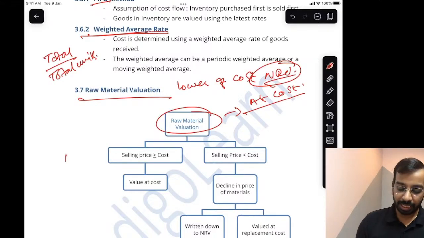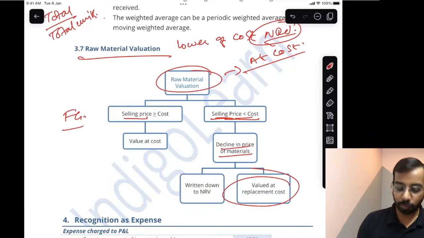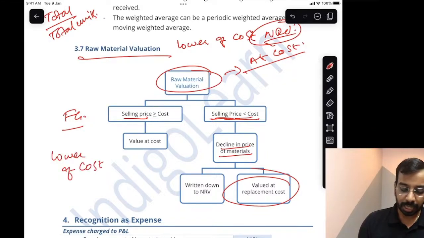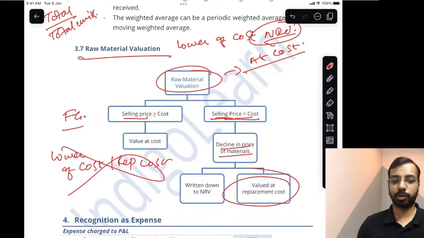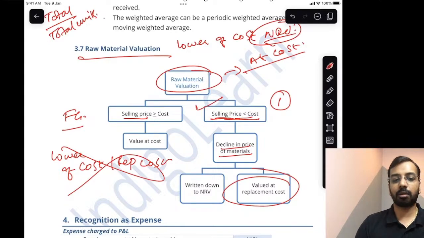But if the finished goods selling price is less than cost and there is a decline in price of material, you will value them at replacement cost. Don't think that this is lower of cost and replacement cost. No, that is not the situation. What you need to understand is, for the first condition, selling price should be less than the cost.